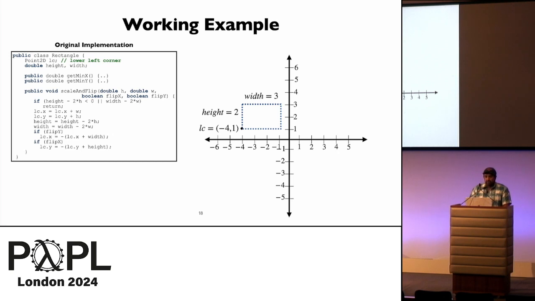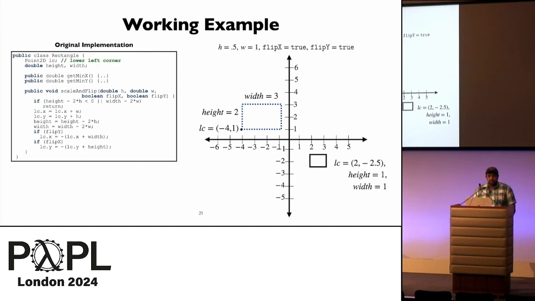Suppose we have the following instance located in the upper left quadrant with height 3, width 2, and we are given the following inputs. Then the function will first transform the rectangle by shrinking it down into this unit square, and then flip it over the y-axis and then over the x-axis, yielding the following output instance.